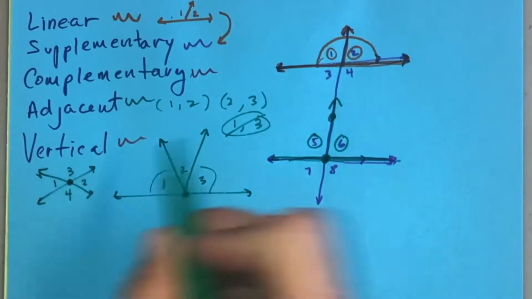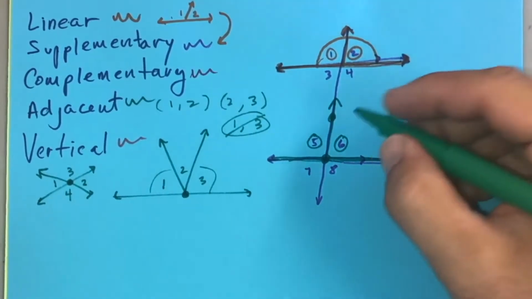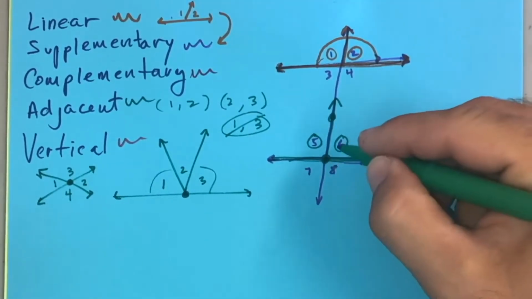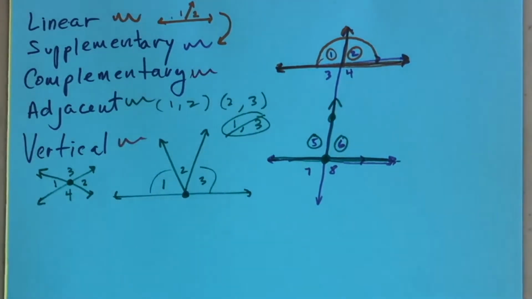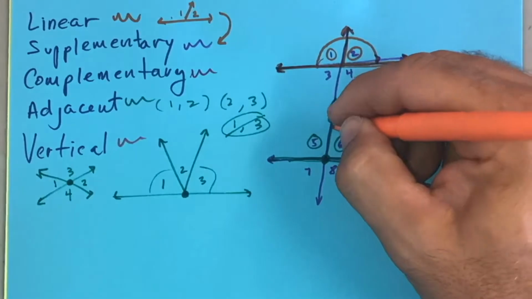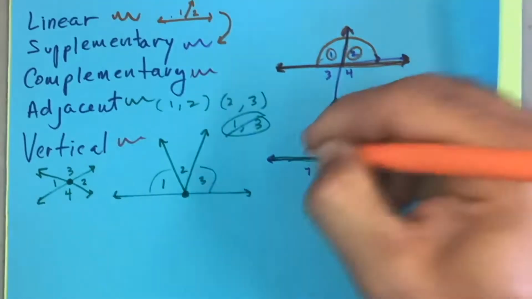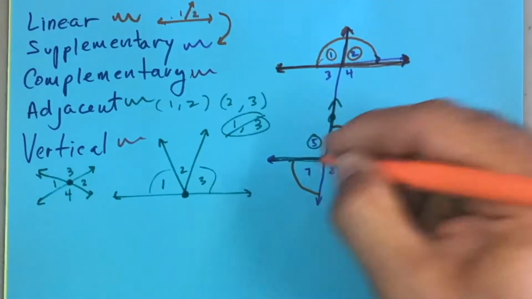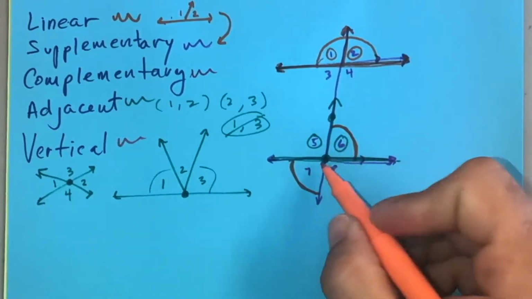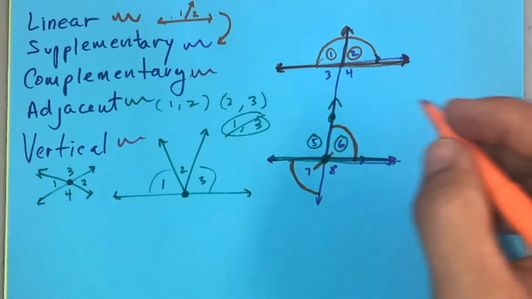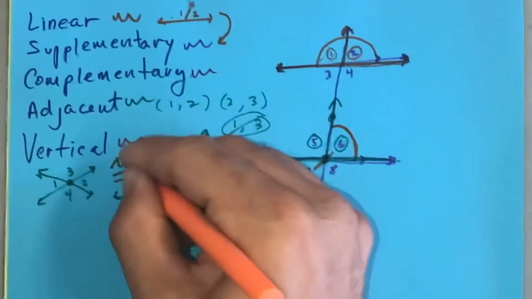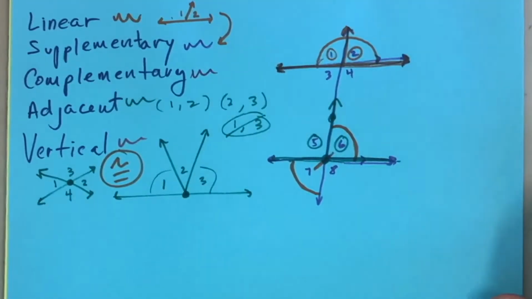I know that sounds like a lot, but basically we call them angles in opposite direction, or angles right across from each other. So if you look at 6 and 7, we would say those are vertical. They're right across from each other. And the thing about vertical angles is that they're congruent. And that's a big thing to remember.